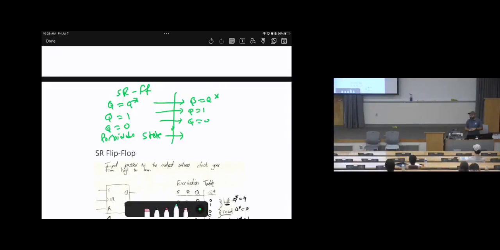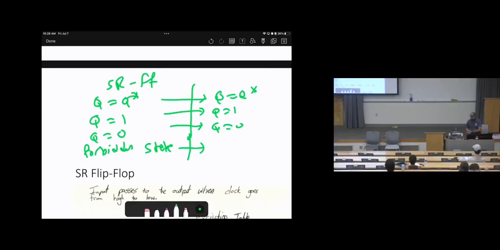Yes? Q bar, right. We can make Q bar because I don't want to repeat 0, don't want to repeat 1, and don't want to repeat Q. The other solution is Q bar, because we already have Q, then the opposite of Q is Q bar.